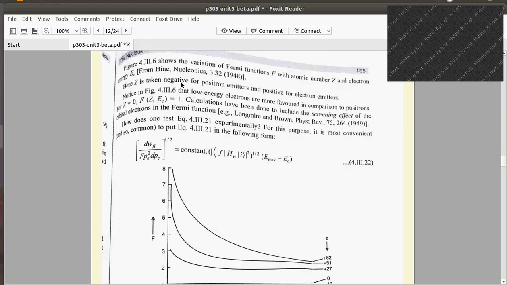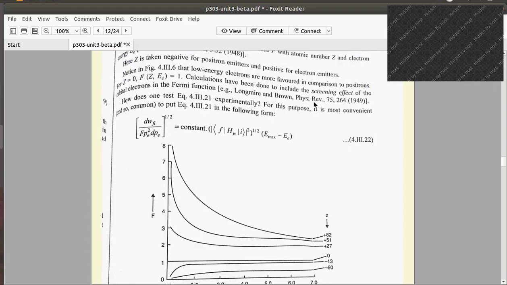So here Z is taken negative for positron emitters and positive for electron emitters. We see that low energy electrons are more favored in comparison to positrons. For Z equal to 0, F(Z,E) is equal to 1.